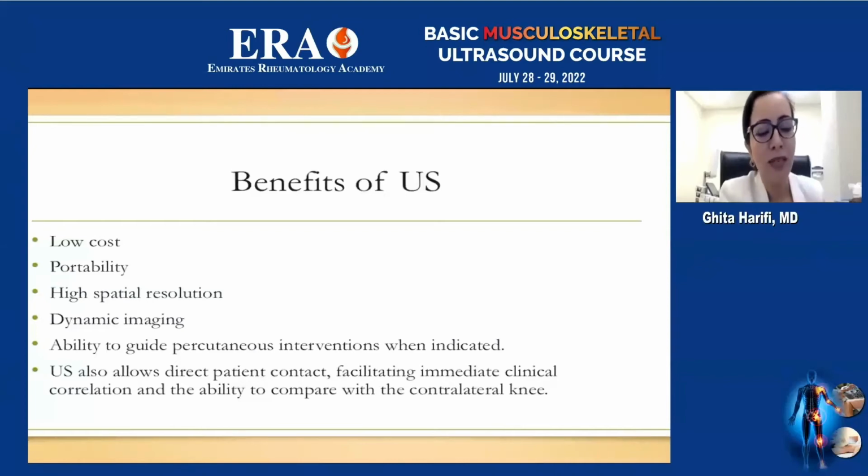One of the most important advantages of ultrasonography versus MRI, in my opinion, is the dynamic examination, the possibility of examining the structures while moving the joints, which is not offered by MRI, and which can be particularly helpful in differentiating partial from complete tears involving the quadriceps and patellar tendons, for example.